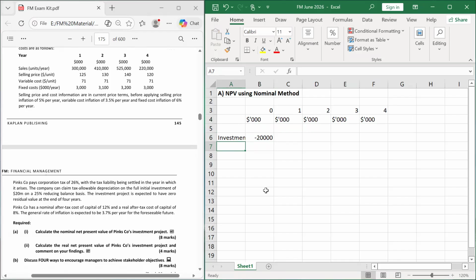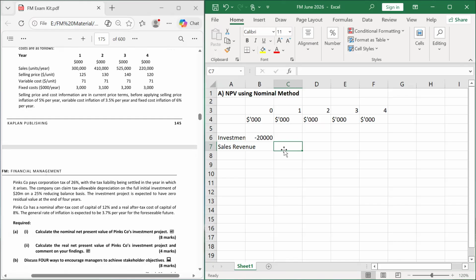Then I have to write sales revenue each year. So sales revenue for year one, it's mentioned here, sale units are 300,000 and the selling price per unit is 130. And there is an inflation of 5% per year. So because we are calculating nominal NPV using the nominal method, I have to inflate the cash flows as well.